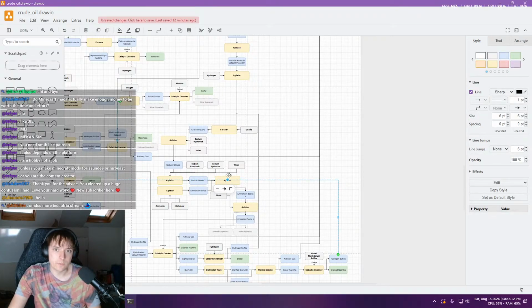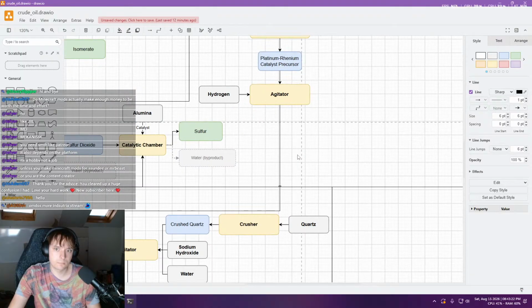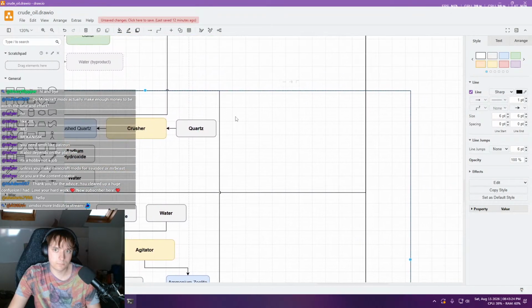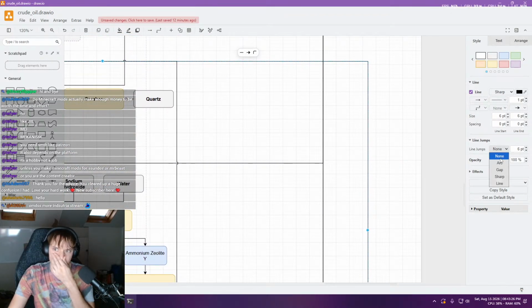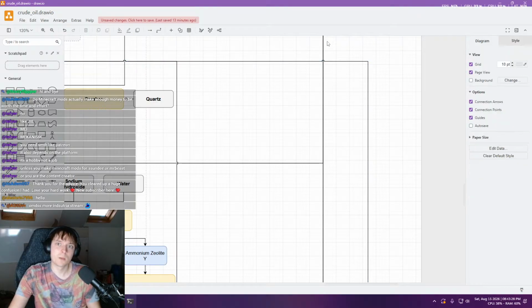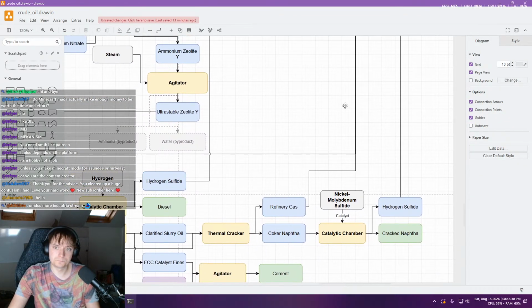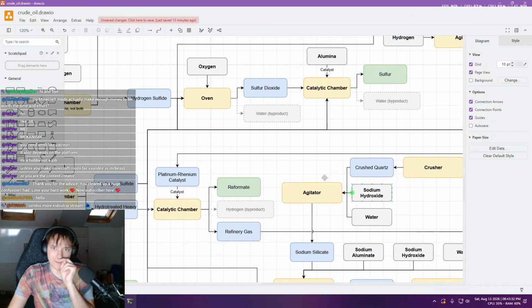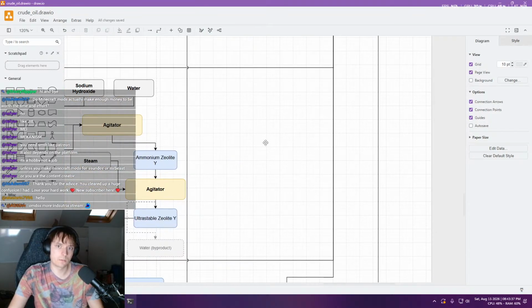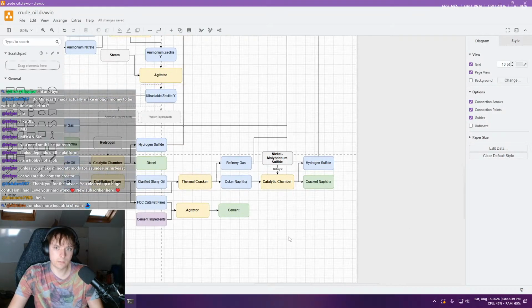We just need to find a way to... line jumps. And that just jumps over. Lovely. So that's the hydrogen sulfide, and that just goes into our existing line. So that's fine.